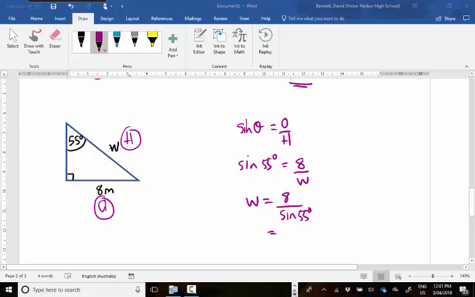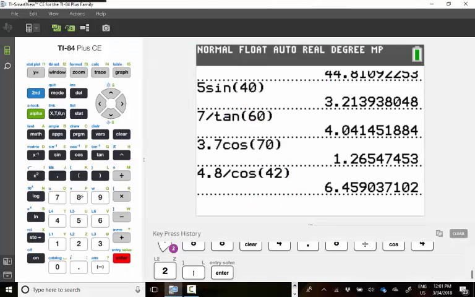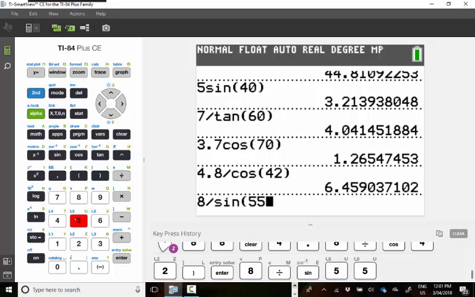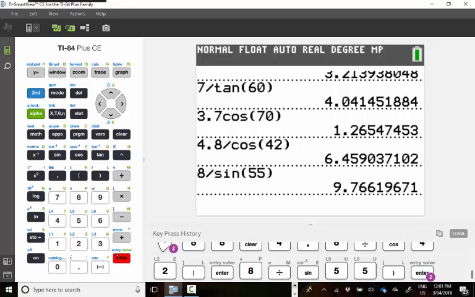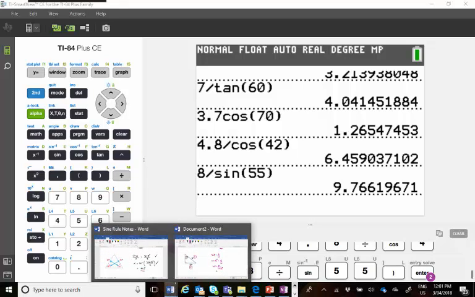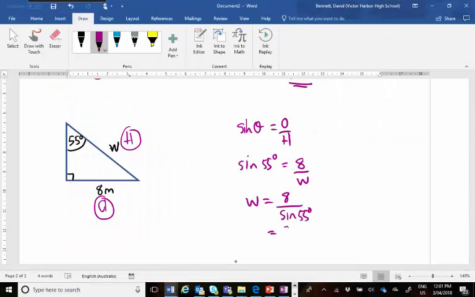And now I'm going to my calculator. 8 divided by sine of 55, and that's going to give me something like 9.77 meters. I'd expect that side, because it's the hypotenuse, to be bigger than the other side. Okay, so that all makes sense.